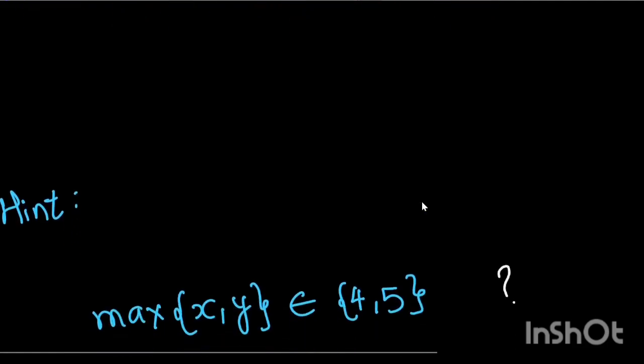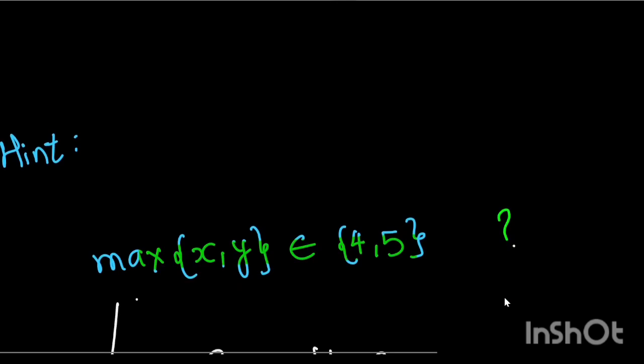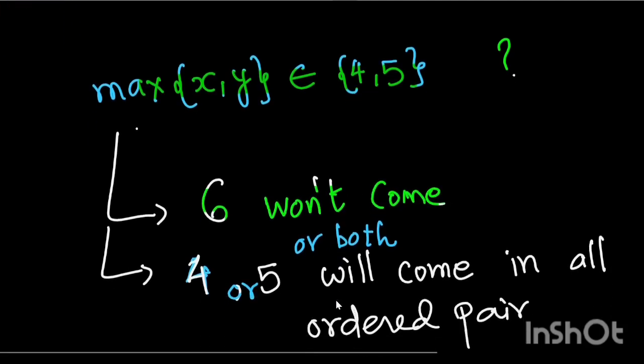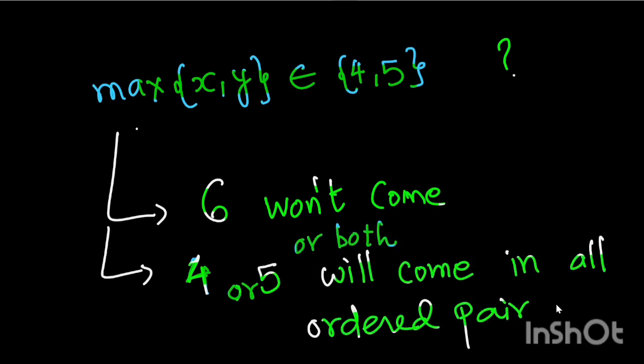So max(x, y) belongs to {4, 5} means what? First of all, max will be either 4 or 5, any one will come or both will come. Greater than 5 won't come, means 6 won't come at any cost. 4 will come or 5 will come or both will come in all ordered pairs, because that's the maximum value.